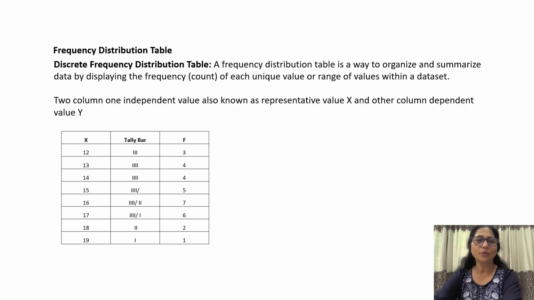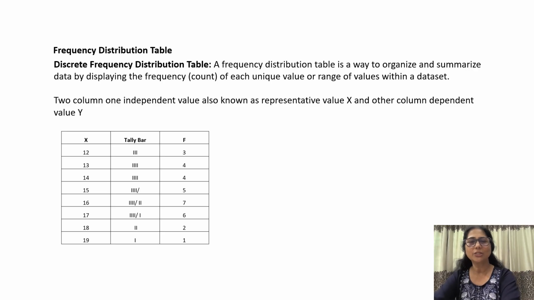If we construct data on the basis of their repetitive number or frequency value, then we call it a frequency distribution table. And a frequency distribution table is of two types: the discrete frequency distribution table and the continuous frequency distribution table.